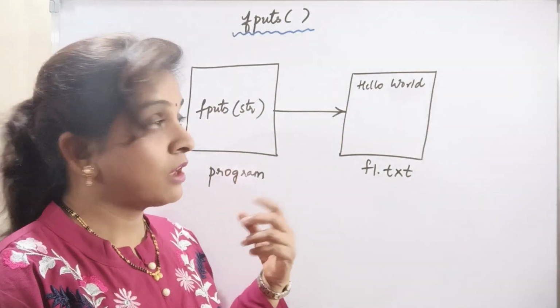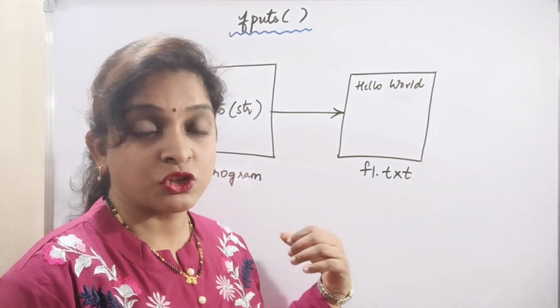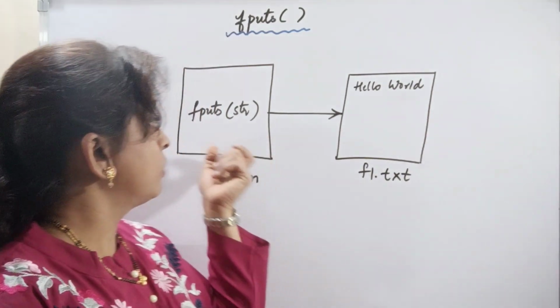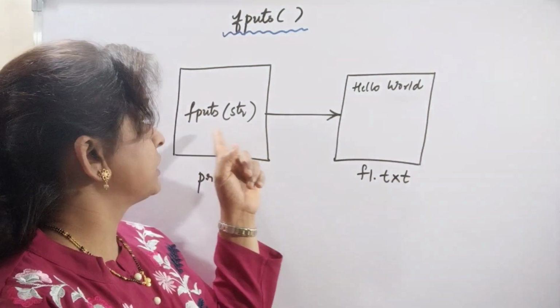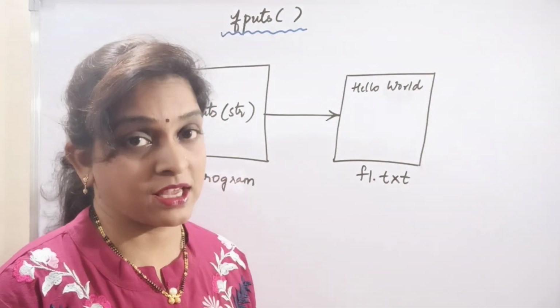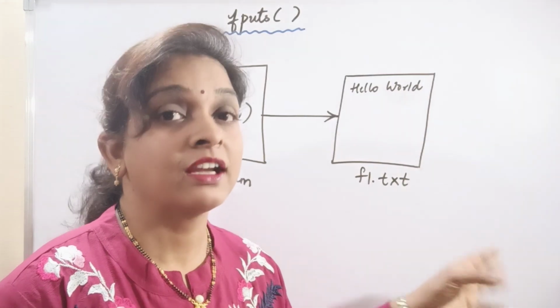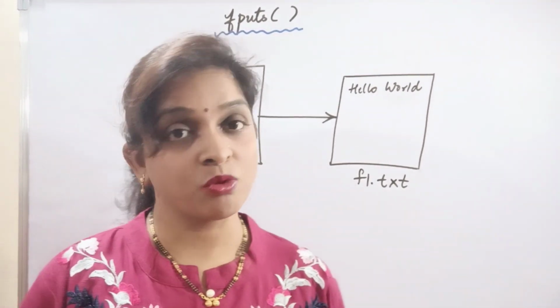From the program, we can put the entire string to the file. Initially we need to accept the string from the console and then put that entire string to the file using fputs. So how can we put the string to the file? Let us understand with a complete program and execution also.